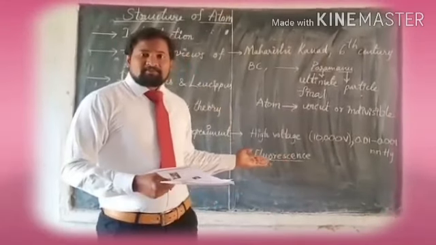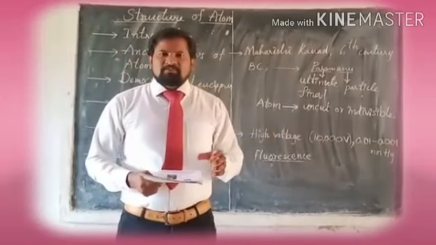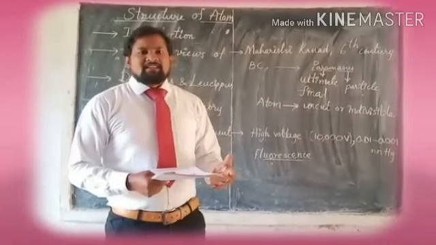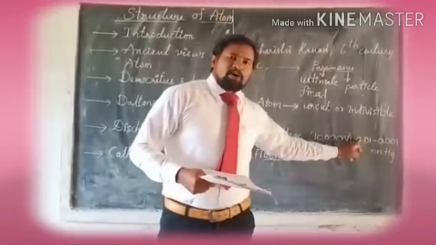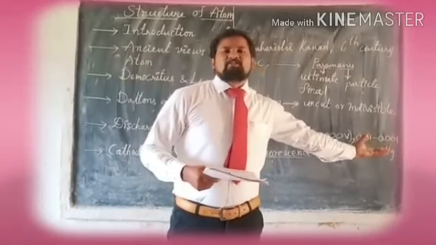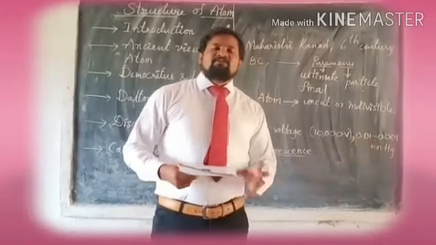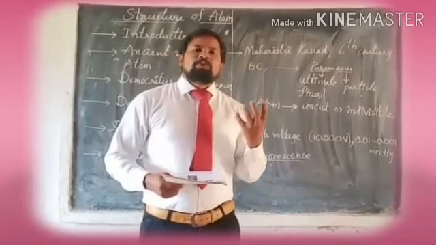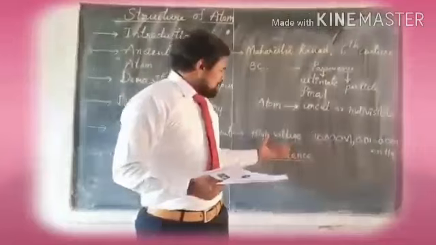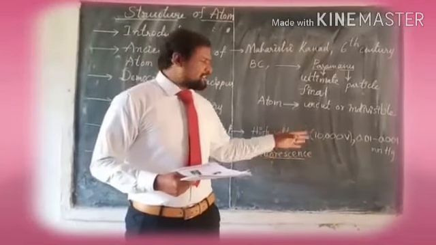Likewise here, the discharge tube is also like a tube, and this tube was filled with a gas at a pressure of 0.01 to 0.001 mmHg. That means it is a very low pressure gas that was filled into this discharge tube, and here we are allowing a high voltage of current, nearly around 10,000 volts, through this discharge tube.